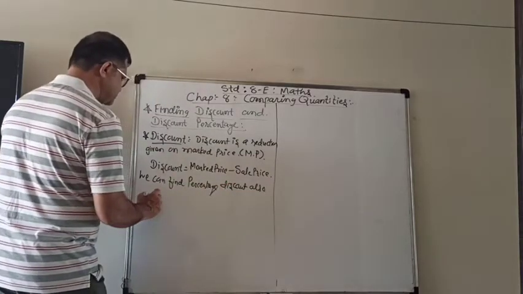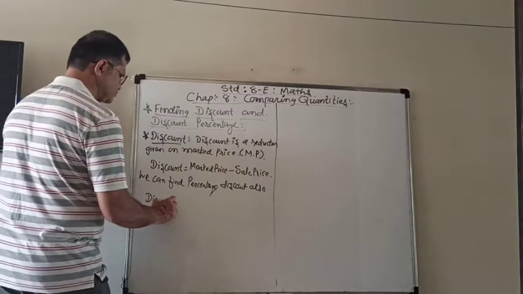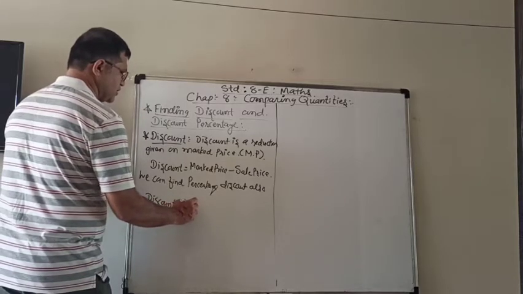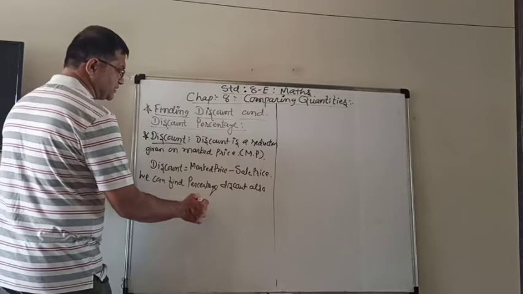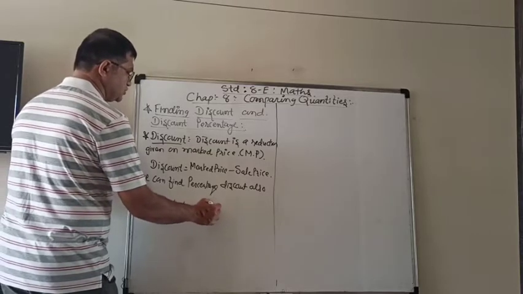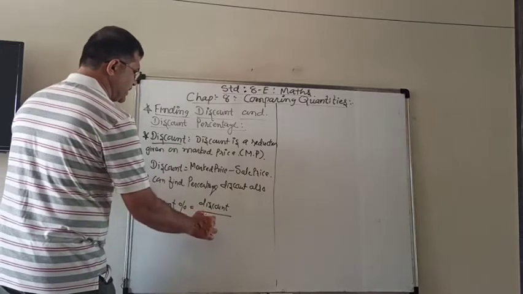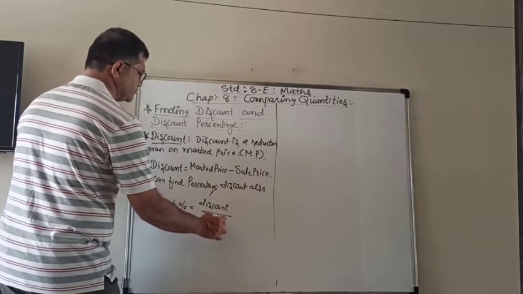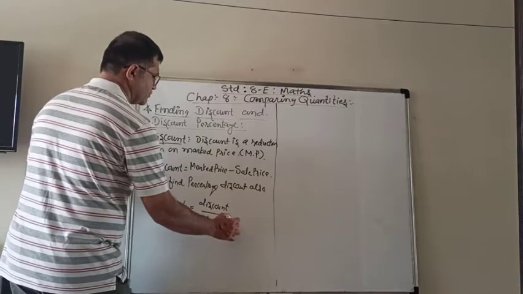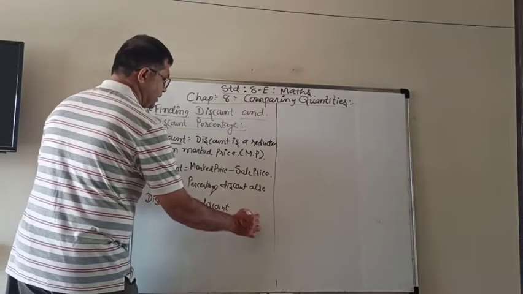So discount percentage is obtained by this formula: discount divided by marked price multiplied by 100.